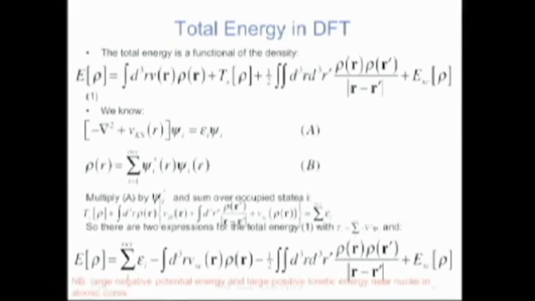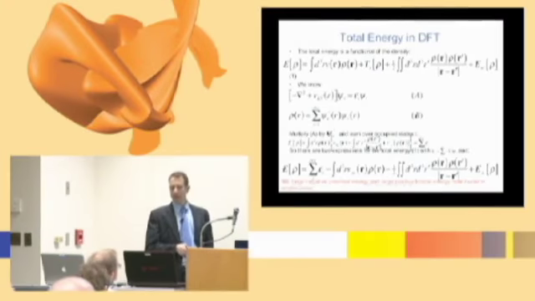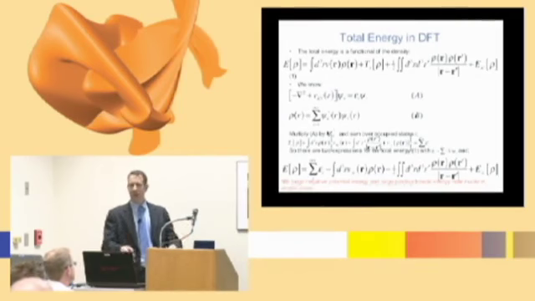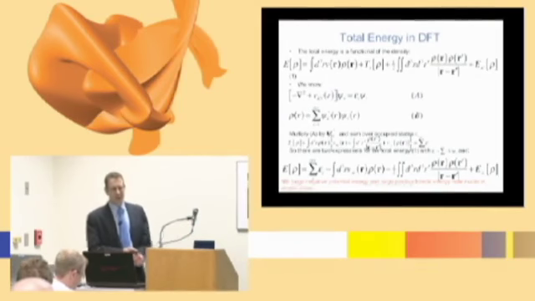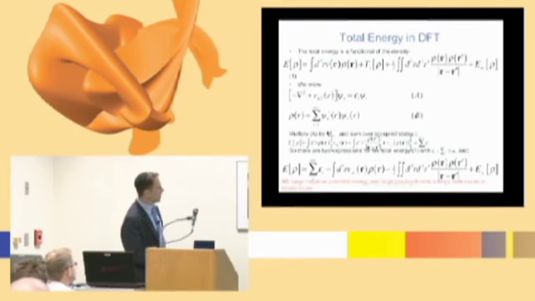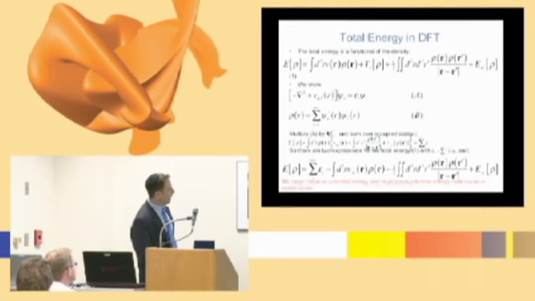It turns out, though, when you do a DFT calculation, as I'll be explaining in a minute, it's a cyclic, self-consistent process where one starts with some input density or potential, gets some output density or potential, and then iterates until the input and output are equal to each other. So you notice in this expression you have the density alone.